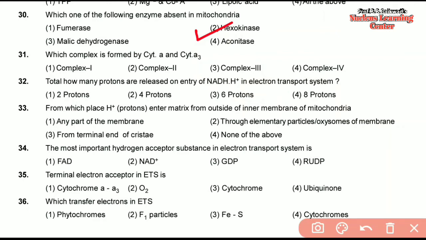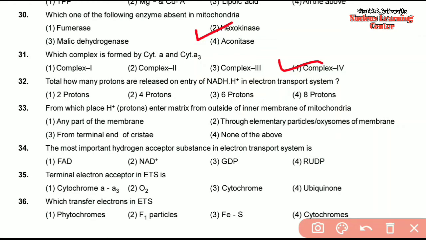31st MCQ. Which complex is formed by cytochrome A and cytochrome A3? The fourth complex consists of cytochrome A and cytochrome A3.